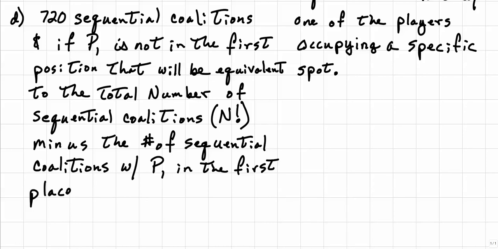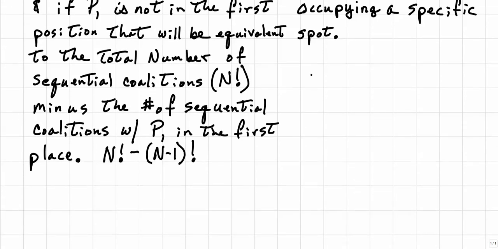And one way to look at that in terms of formulas would be the fact that it's going to be n factorial minus n minus 1 factorial. Well, since n is 6 in this situation, n equals 6, that means that n minus 1 will be equal to 5. So the answer to the problem is going to be 6 factorial minus 5 factorial.